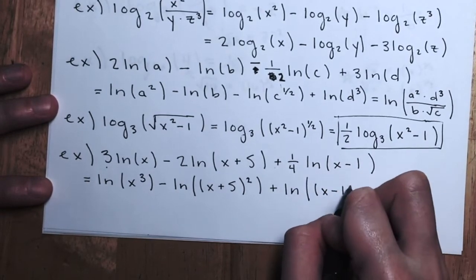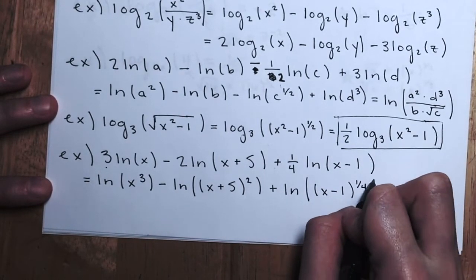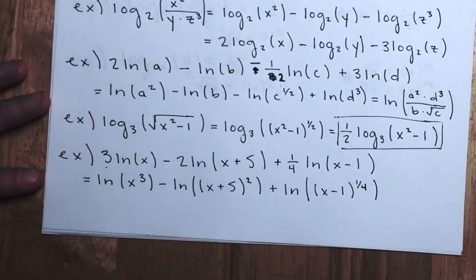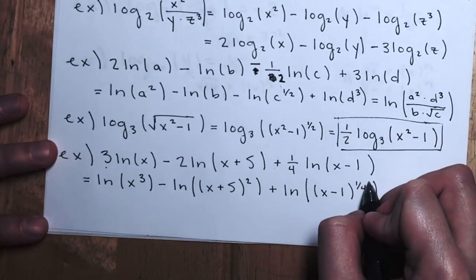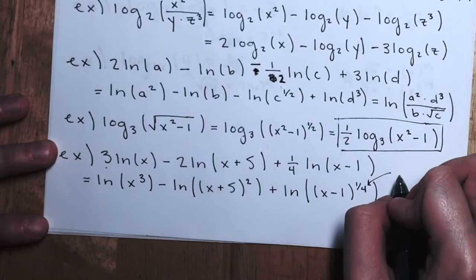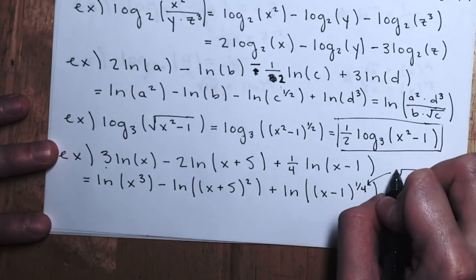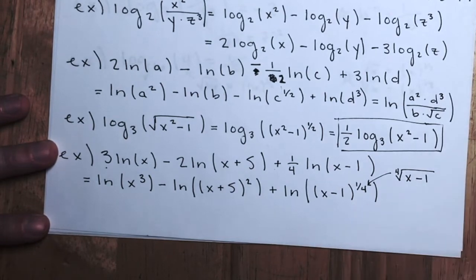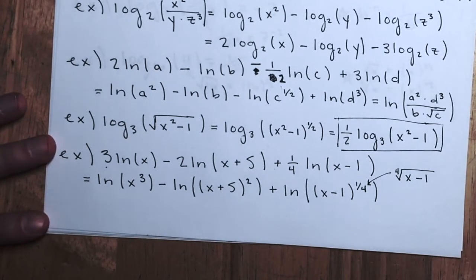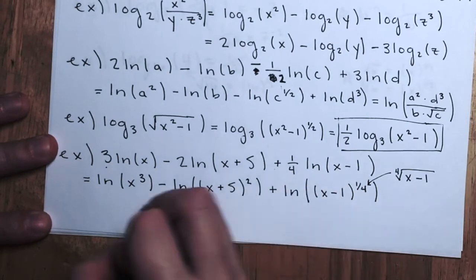And we have to apply it to everything inside there. And what does this 1/4 tell us? Well, this stuff in here is going to look like the 4th root of x minus 1. So when we put it all together, we can write it like that.